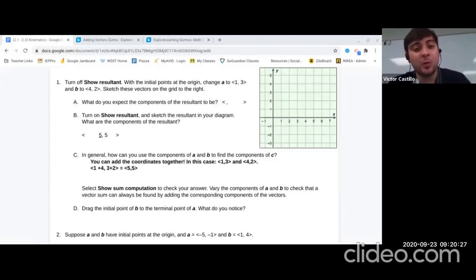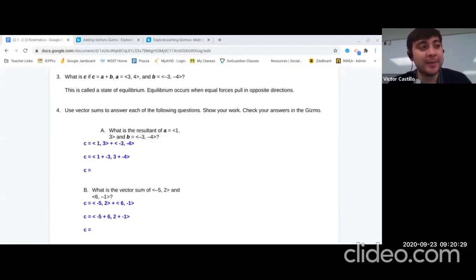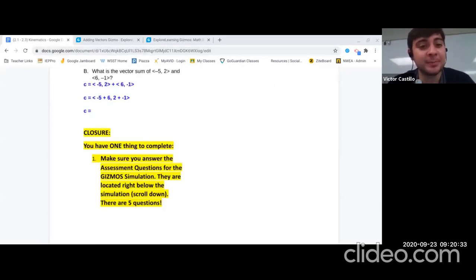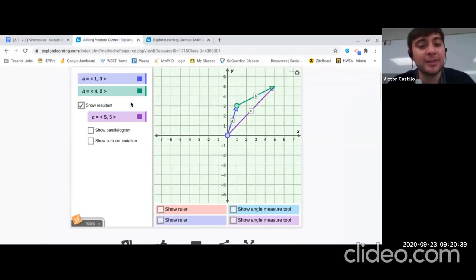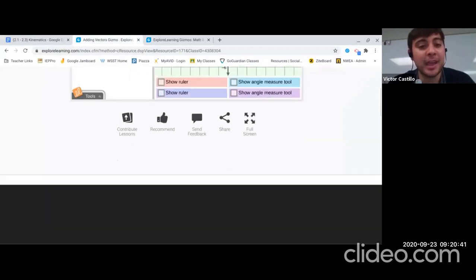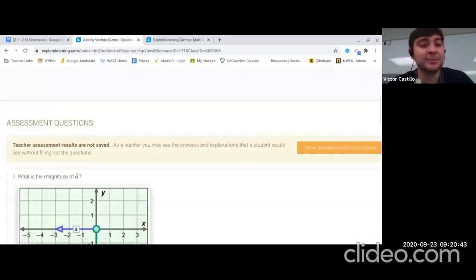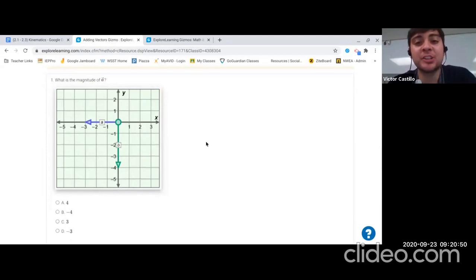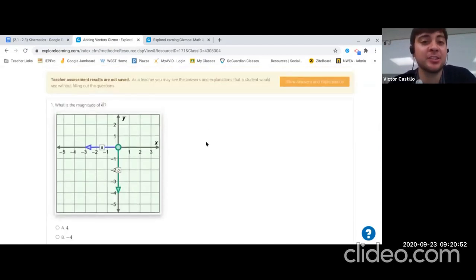You can continue to work on it if you want to, but for today you have one thing to do, and that is your assessment questions. If you go to your Gizmos and scroll all the way down, there are 5 assessment questions. Just complete them, to see how you're understanding this simulation.